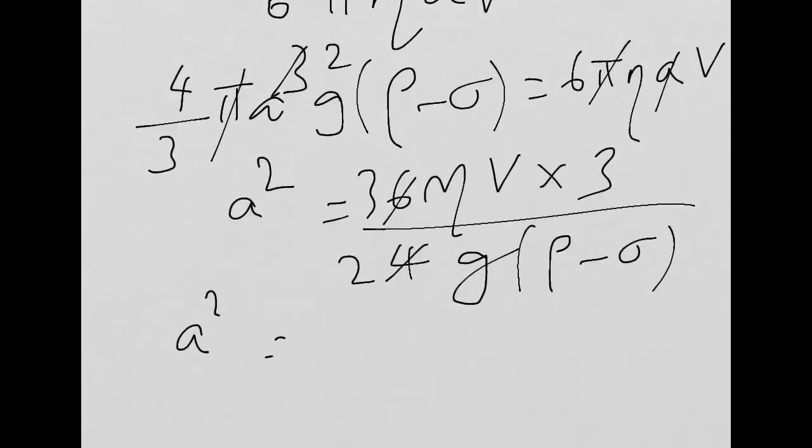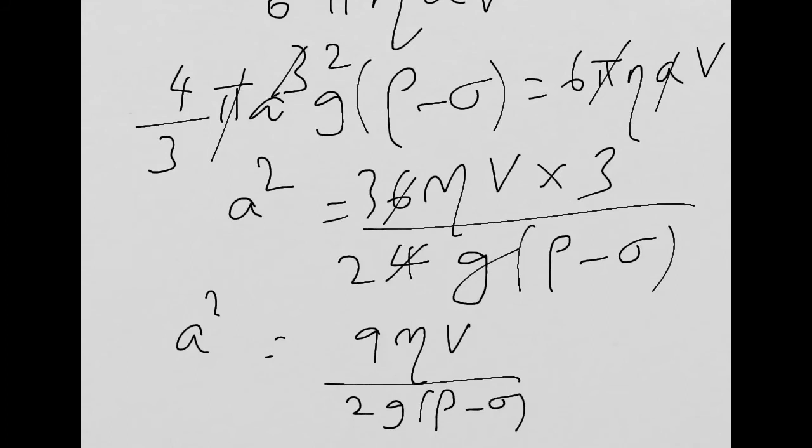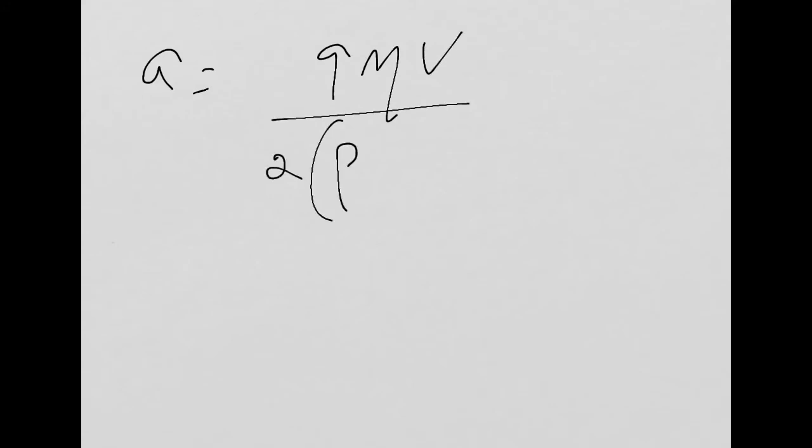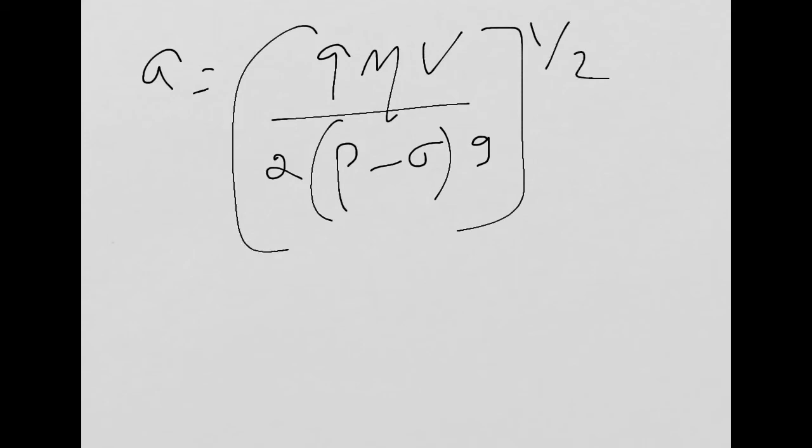A square is equal to 9 eta v by 2g into rho minus sigma. Therefore, a is equal to 9 eta v by 2 into rho minus sigma times g, the whole to the power half. This is for the uncharged oil drop.